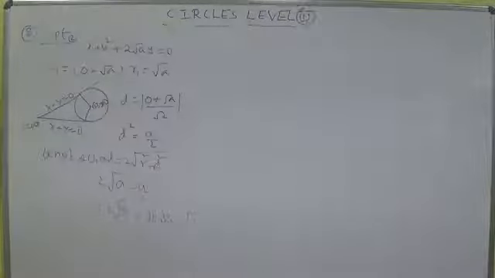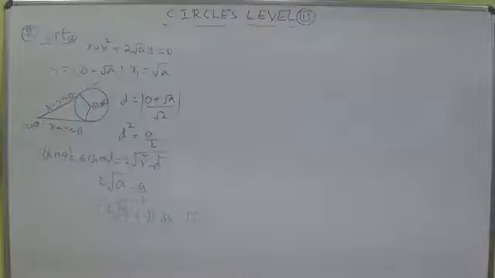According to the old question, the question is correct only. X square plus y square plus root 2 a y equal to 0 and x square plus y square plus root 2 a x equal to 0. Question is correct only. Length of chord formula is 2 root r square minus d square.